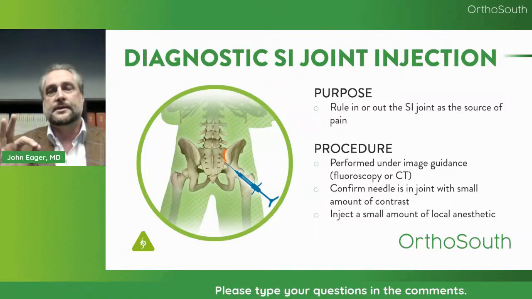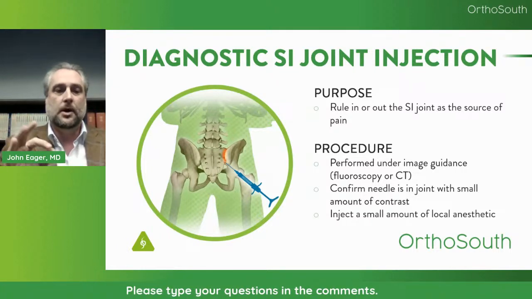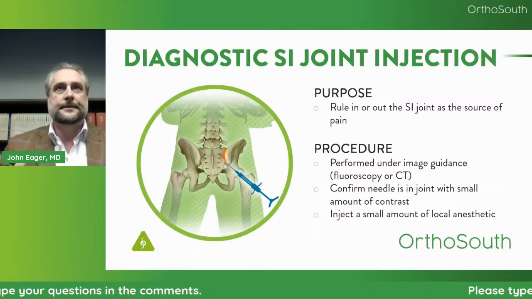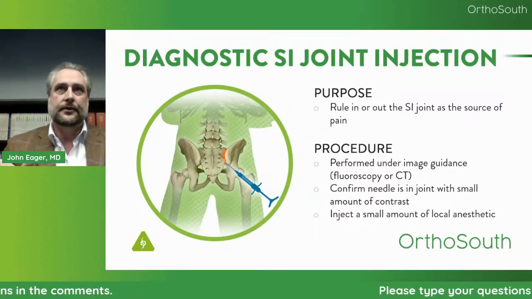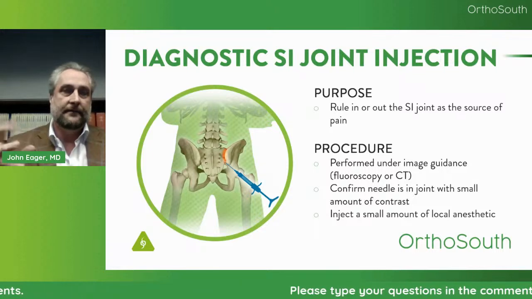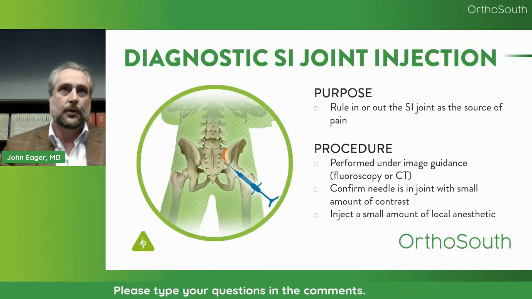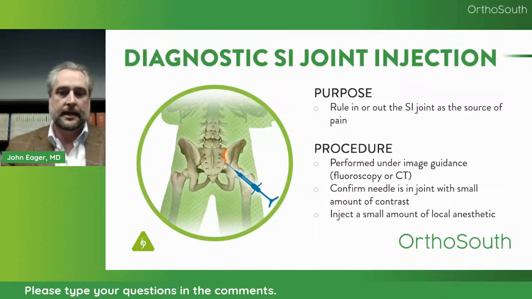Confirming the needle is in the joint with a small amount of dye or contrast is important. So they'll inject that dye within the joint under the x-ray and have direct visual confirmation that they're in the right place, after which a local anesthetic is administered.